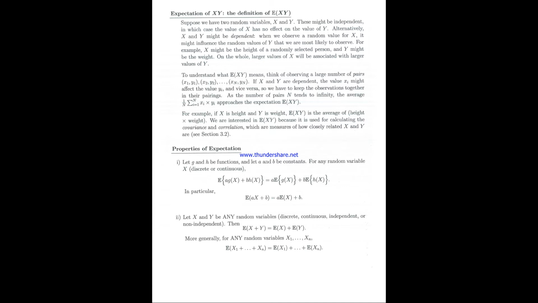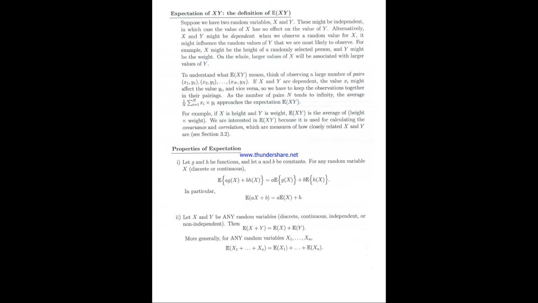So when you collect a large number of pairs, in order to calculate the average of these pairs, we use this expectation of XY. That is why we are interested in XY.